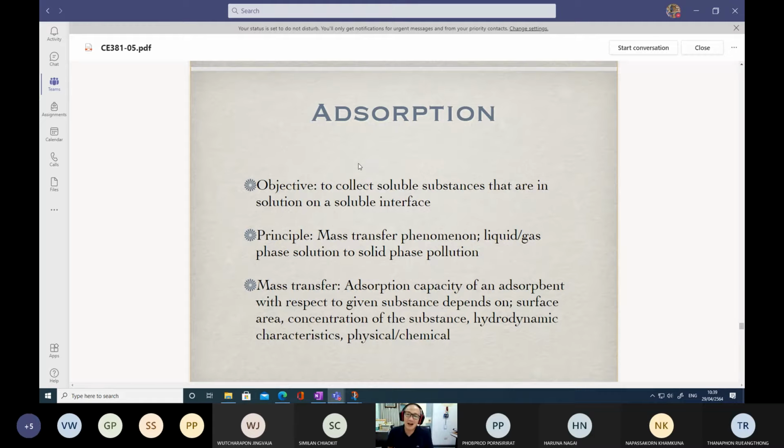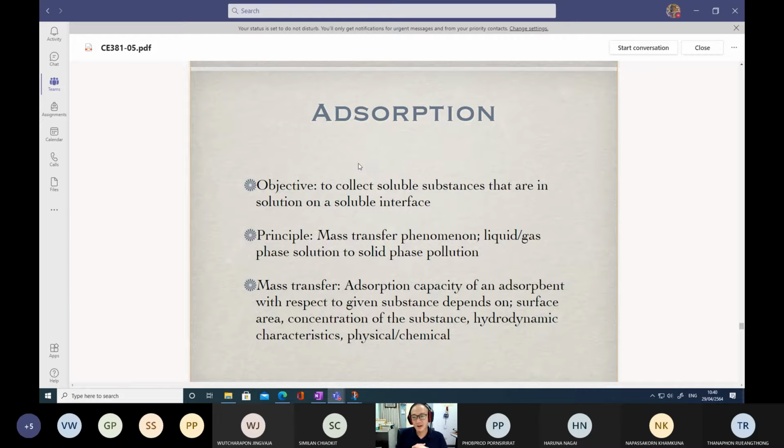What is the major target? What are the major target pollutants that we need to apply in this process? The major target pollutants to be removed by this process are basically the contaminants or substances which could cause unpleasant taste and odor.